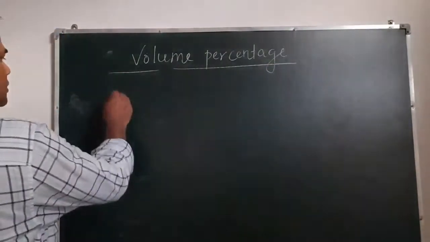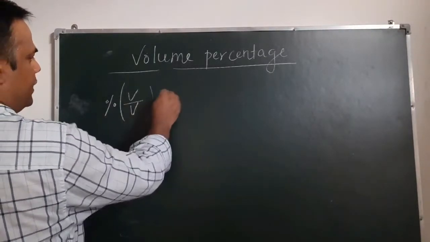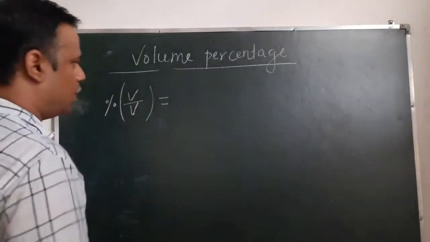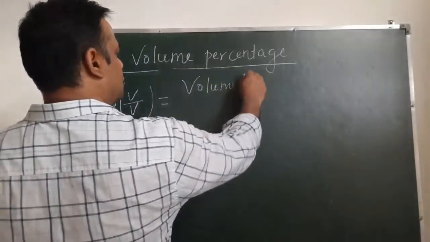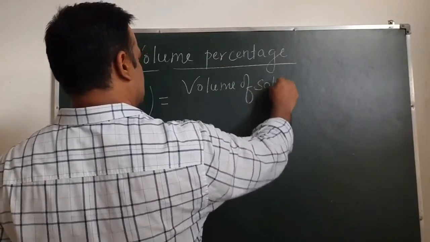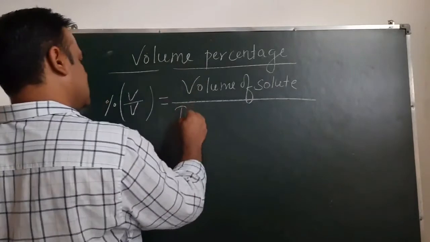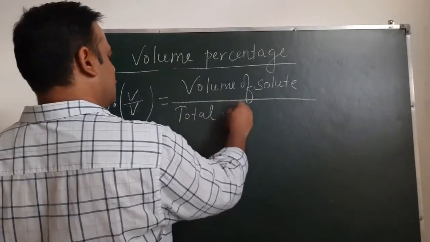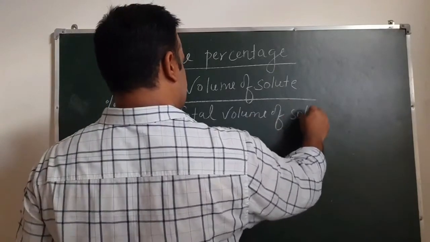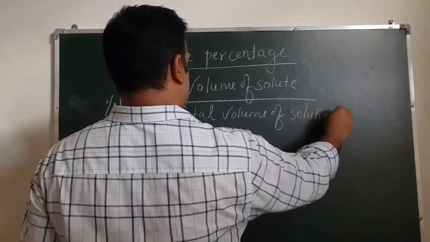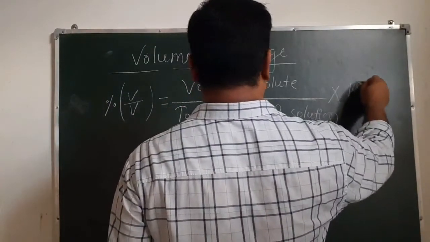Percentage volume by volume can be defined as volume of solute divided by total volume of solution, multiplied by 100.